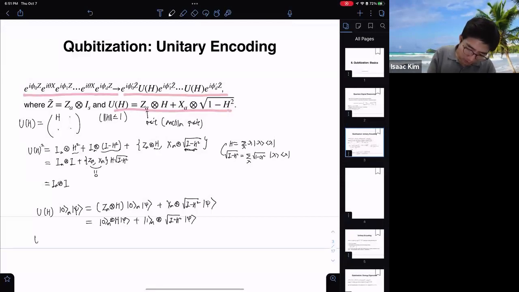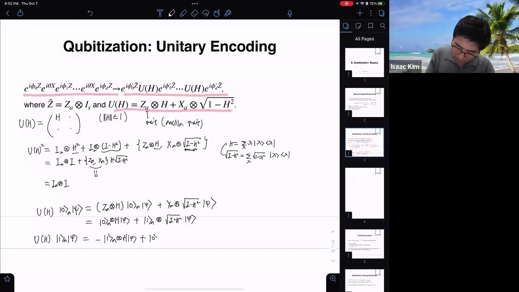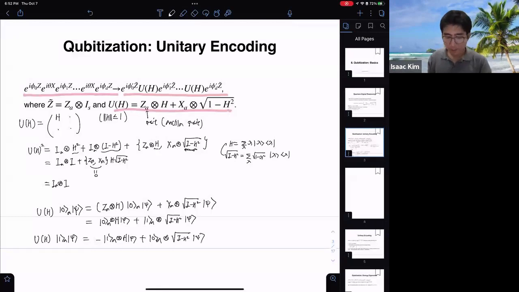And if you apply the same operator to this state, using the same technique, you get minus 1_A tensor H psi plus 0_A tensor square root of I minus H squared psi.